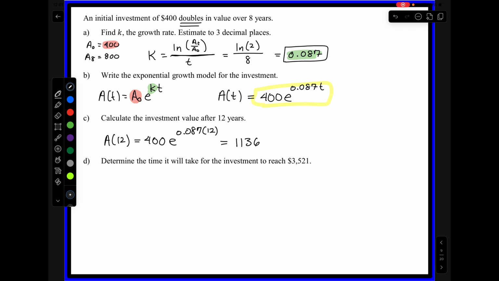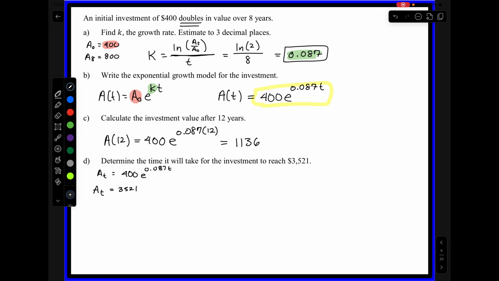Using the same answer from part B, using this model, we're going to determine the time it's going to take for the investment to reach this amount. So we know that A of t equals 400e to the 0.087t. And we also know that at some time, we want this value to specifically equal 3,521.